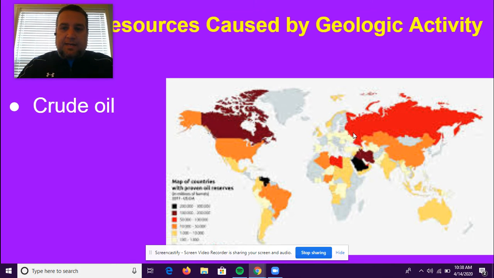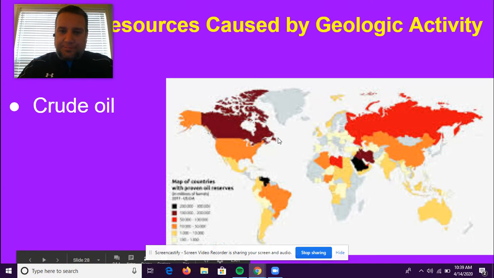So you need the perfect environment and time to make this. This is why you see these deposits changing and why they're not equally distributed, because the Earth's processes aren't equal, and the rock cycle and these pressures happen at different times in different places.